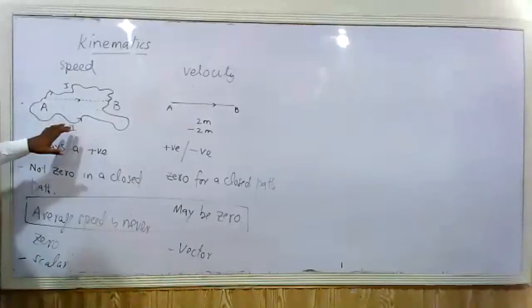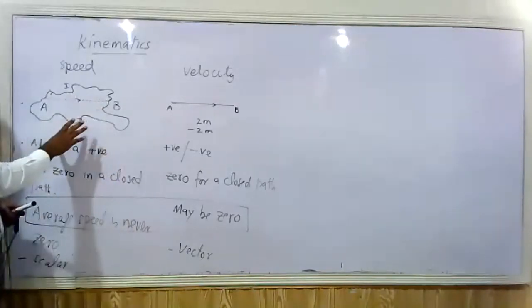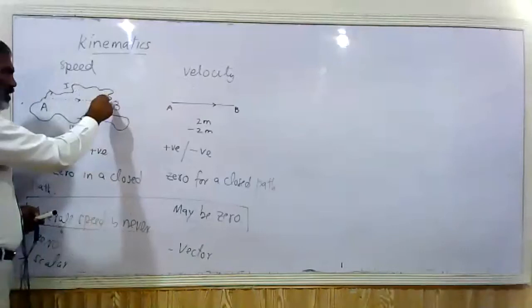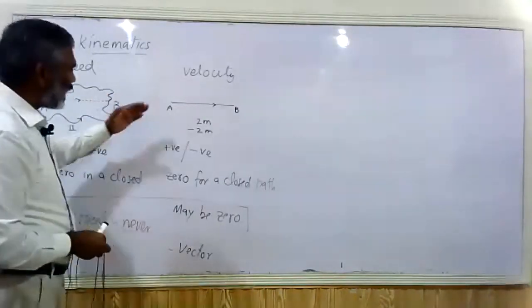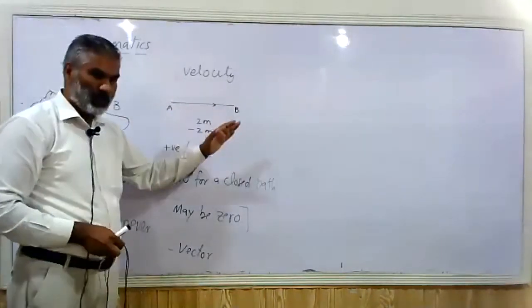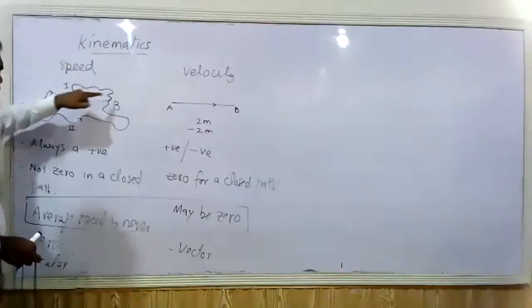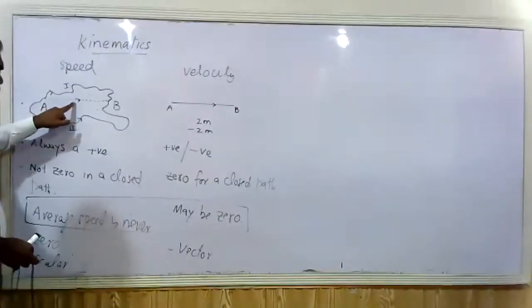But in both cases, the displacement has remained the same. So speed is whatever distance you have traveled divided by the time you have taken. But velocity means that while you are moving on this path or that path, your vector was developing, and what is the rate at which it developed?